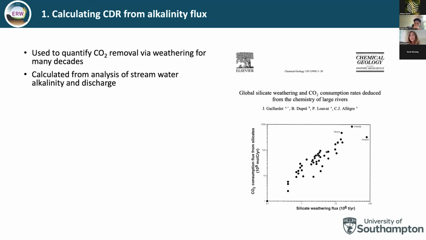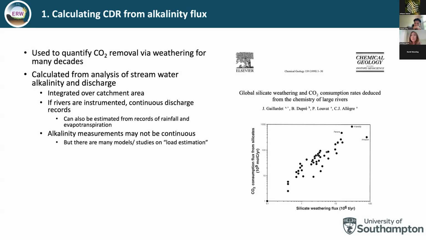They quantified the discharge of those stream waters, and they were able to turn that into a carbon dioxide consumption rate. So you can see on this plot here that carbon dioxide consumption flux from weathering of silicate rocks, as we might expect, is linearly related to the weathering flux that we see in those streams. So this approach is really well grounded in science that's been used for many years.